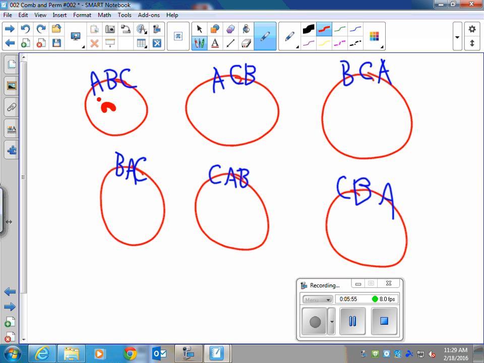Like, let's make a little heart out of this one. And then, are there any others that are ABC? You might have to move the charms around. Yeah, this last one, BCA. Because you could swing this around and it's ABC, so that's the same. Any other ones? CAB. Yeah.